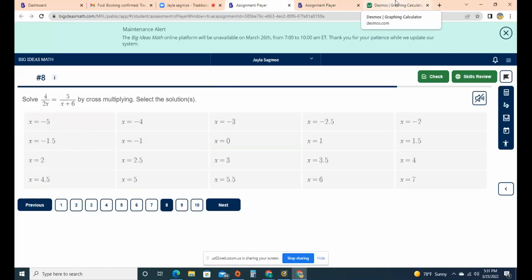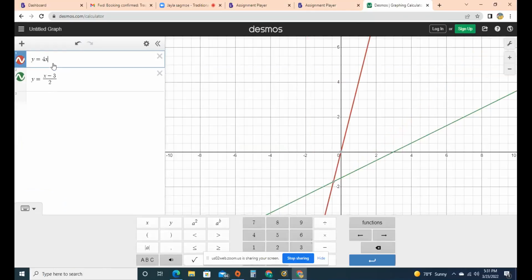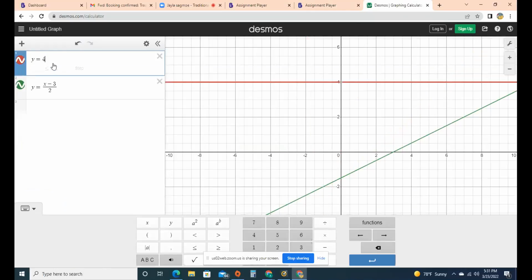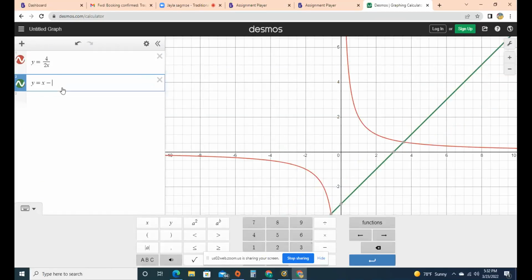All right, I got it. So in your y1 you're going to do 4 divided by 2x, 2x on the bottom. Then 5 over x plus 6.